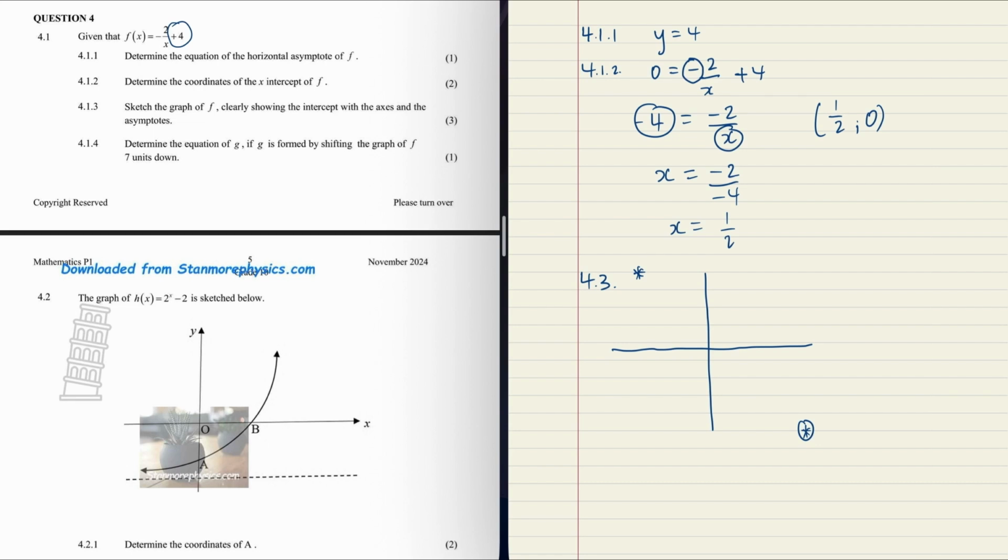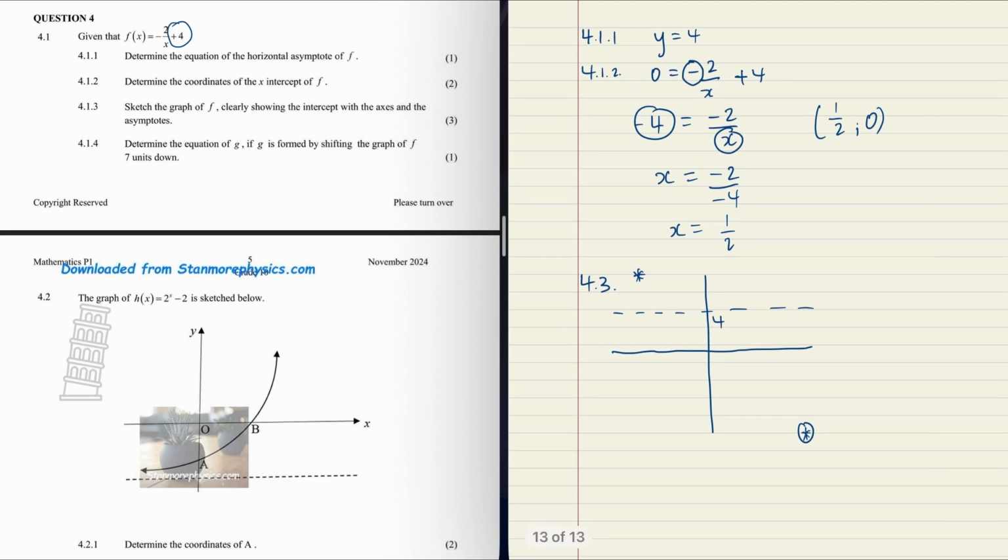I know that my horizontal asymptote is 4, so there's going to be a dotted line here at 4. In this case, my vertical asymptote is x is equal to 0, so that's fine. And so all I need to do is sketch in a curve like so, and sketch in a curve like so. And the x-intercept is going to be a half. And that's my answer.